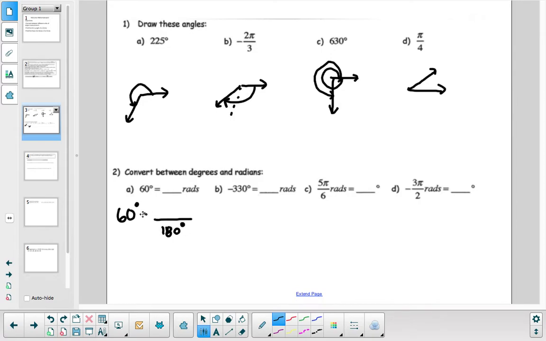If we divide by degrees, degrees cancel. So those go away. And then we want to multiply by the number of radians in that form. So from here, it's just simplifying the fraction. 60 divided by 180 is 1/3. So this is 1/3 of pi, or pi over 3.